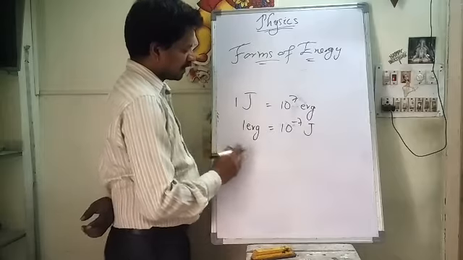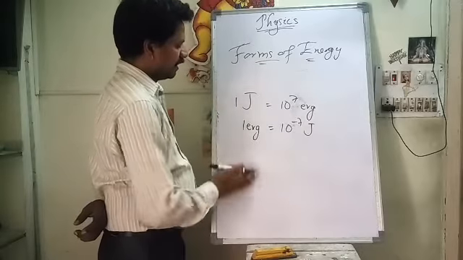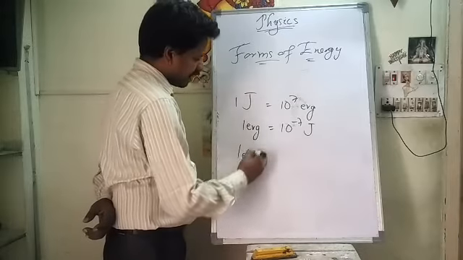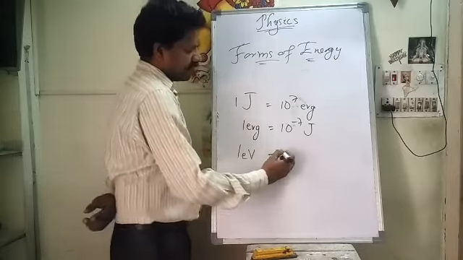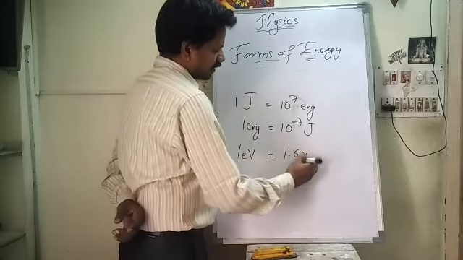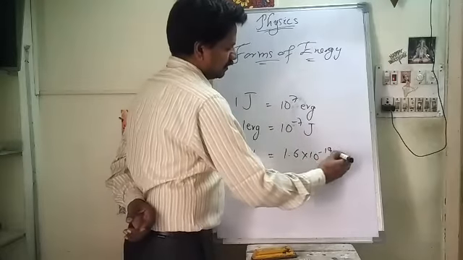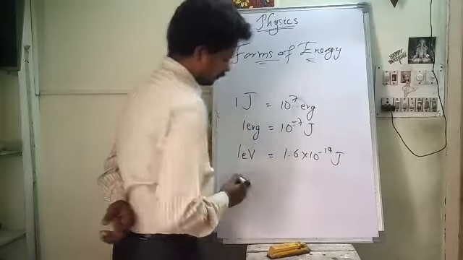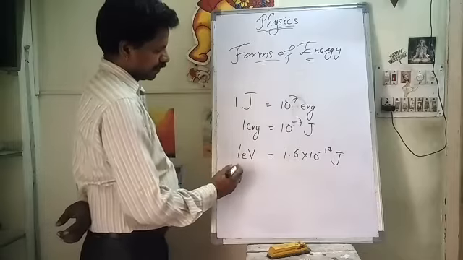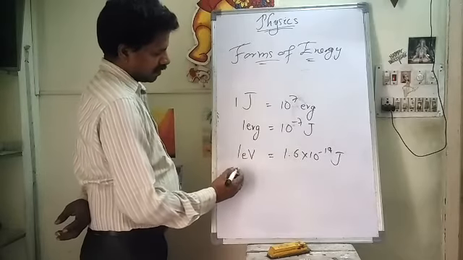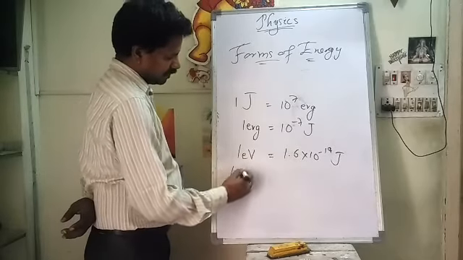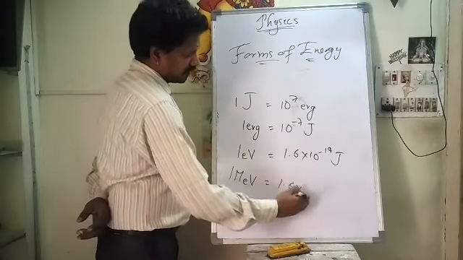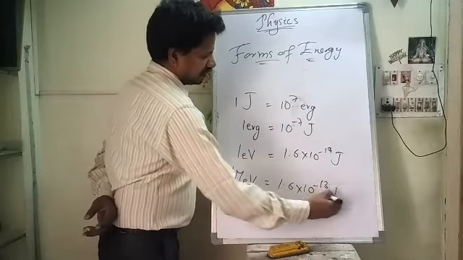The work can also be defined in terms of electron volt. 1 electron volt equals 1.6 into 10 power of minus 19 joule. 1 million electron volt equals 1.6 into 10 power of minus 13 joule.